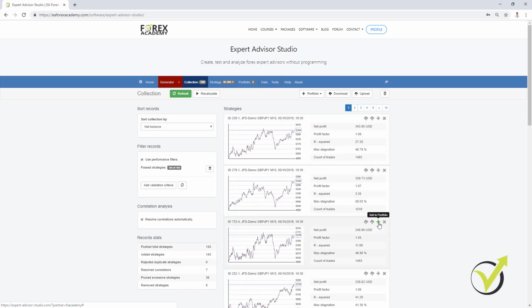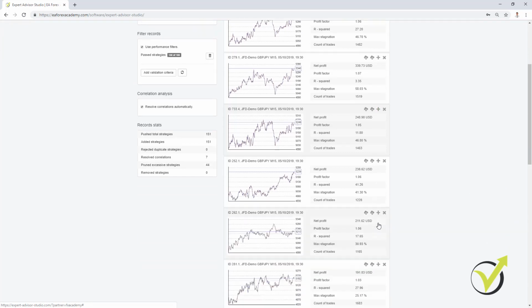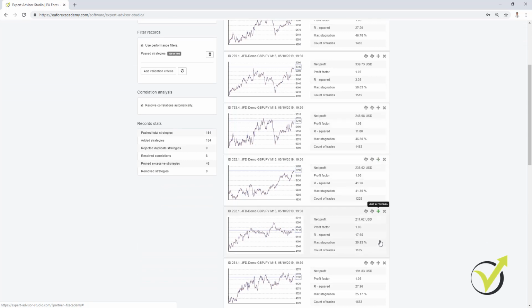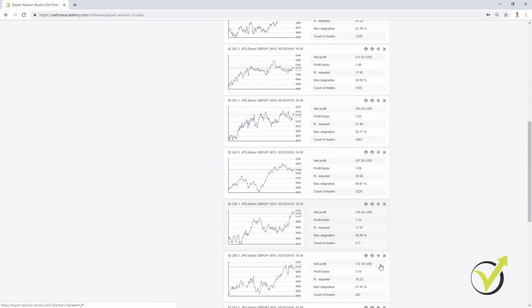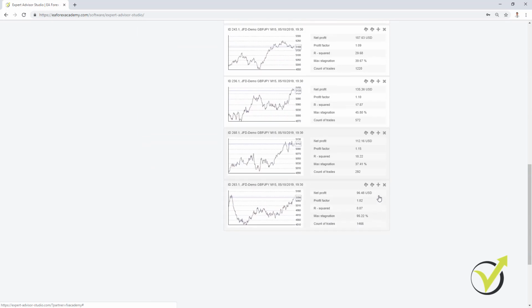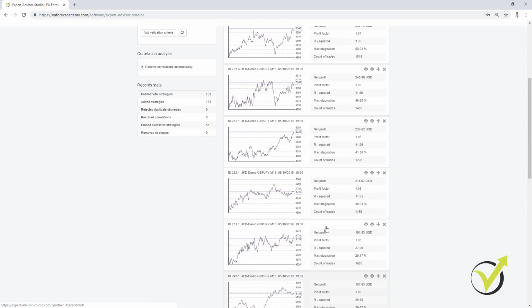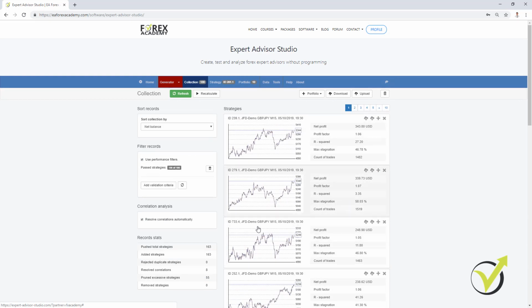I use this plus button and it says add to portfolio, and you can see already 3 strategies in the portfolio. And I will go to the 4th, the 5th, the 6th, the 7th, the 8th, the 9th, and the last strategy. So the first 10 strategies that I have for the current moment, just generated in less than 1 minute, are now in the portfolio.